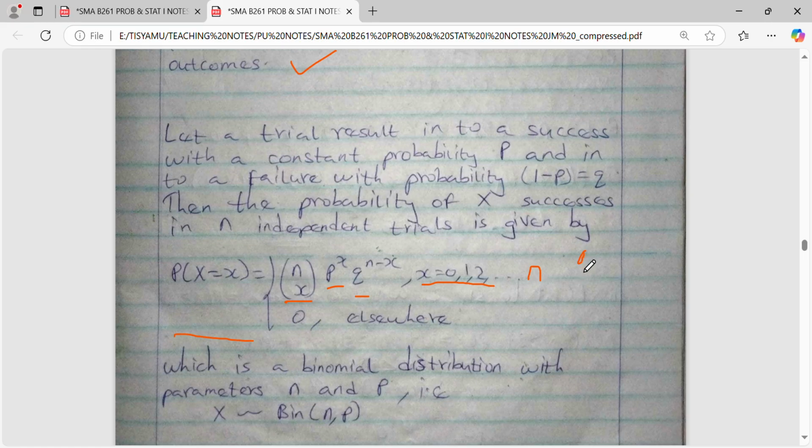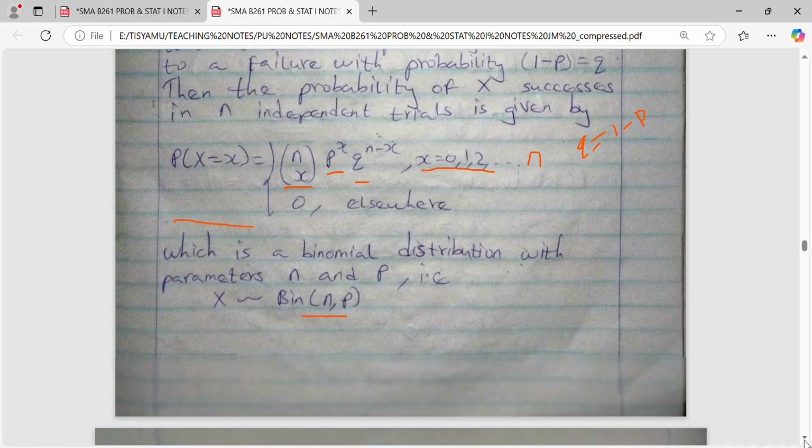Remember, q we said is the same as 1 minus p. So n choose x is also n combination x, and this is written as a binomial distribution with parameters n, p. So a random variable X has a binomial distribution with parameters n and p.